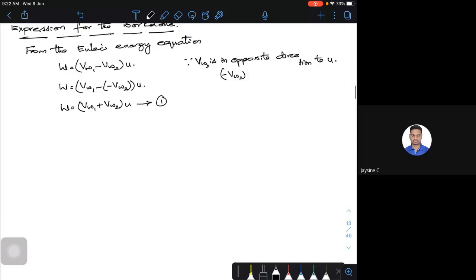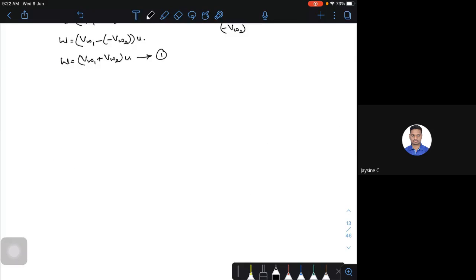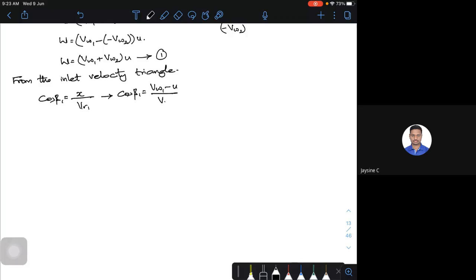From the inlet velocity triangle, we have cos beta 1 is equal to x divided by VR1, or cos beta 1 is equal to VW1 minus U divided by VR1.